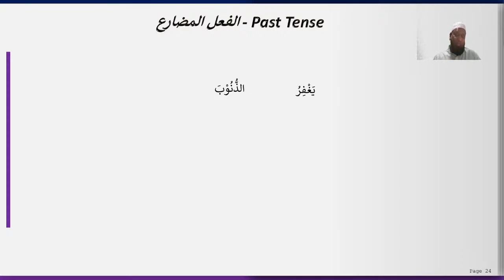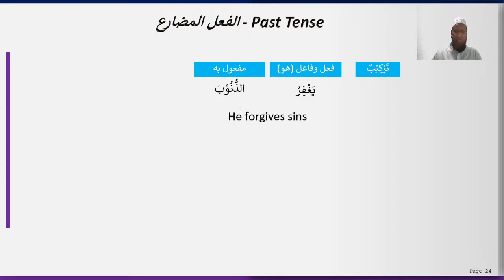So it must be maf'ulun bihi, with fatha on it. Yaghfiru dhunuba. So we don't see any fa'il. What is the fa'il? Damirun mustatirun jawazan, taqdiruhu huwa. So yaghfiru is the fi'l, huwa is the fa'il, and dhunuba is maf'ulun bihi. He forgives sins.